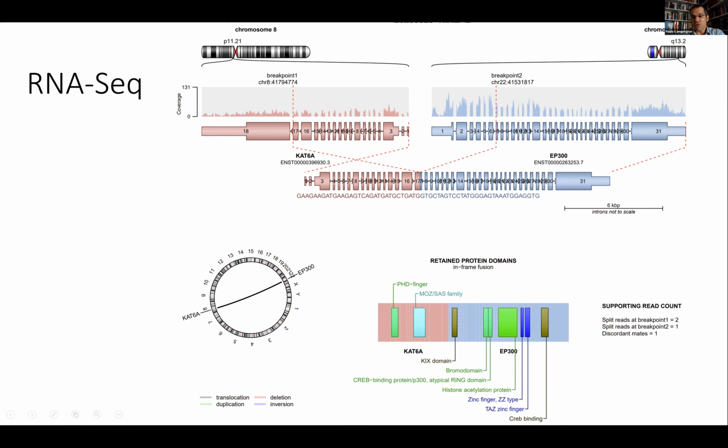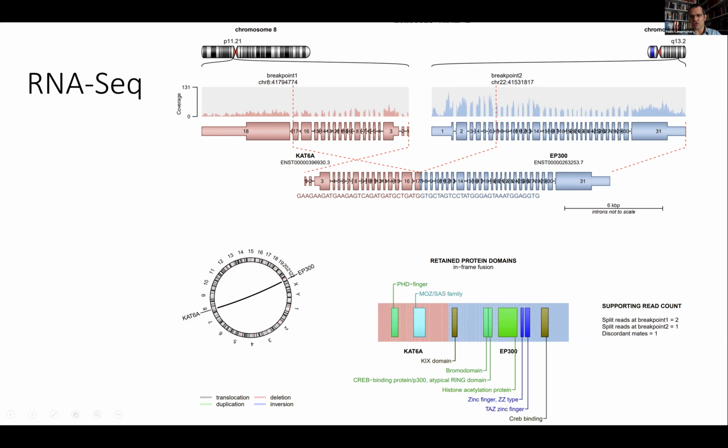I want to call your attention to the very low number of reads here, right? We working with targeted RNA assays in the literature, in our practice, with a small set of genes, we normally see dozens or hundreds of supporting reads.